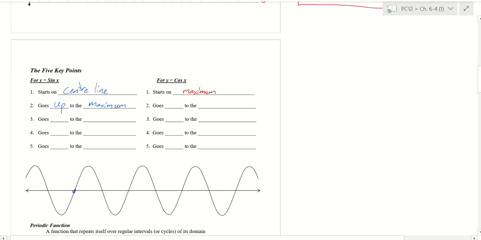So this would be our first point, our center line point, and our second point is after we've gone up to the maximum. What about our third point? Well, our third key point would just be going back down to the center line. So it goes down to the center line after it hits the maximum value.